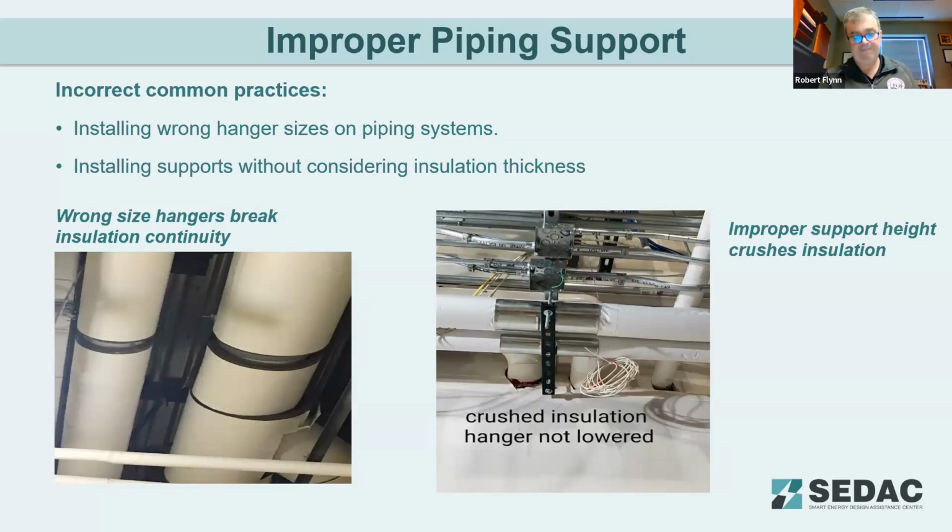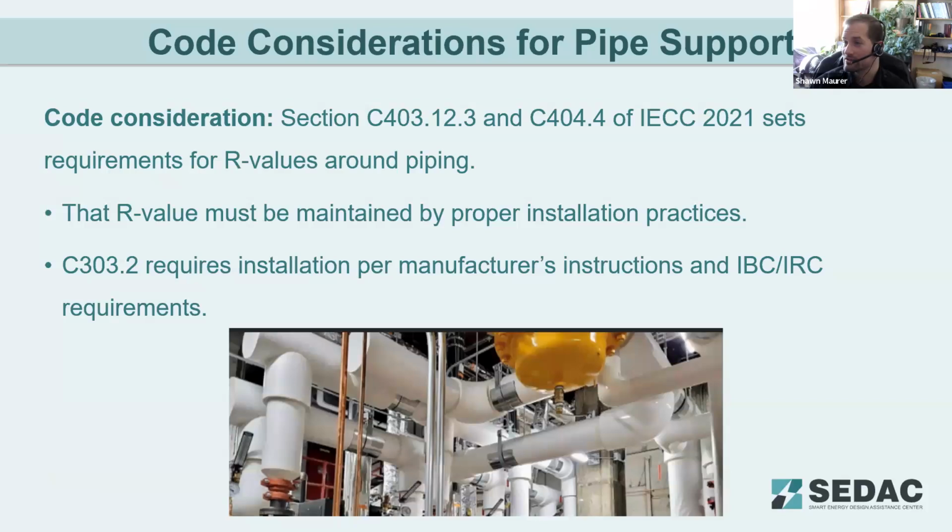So going back to our energy code considerations, we're again looking at C403.12.3 and C404.4 of the 2021 IECC, or any version of the IECC back to, I believe, probably the 2012. They haven't changed mechanical insulation much over that time period. You have to maintain those R-values all the way around the pipe, and that includes at supports.